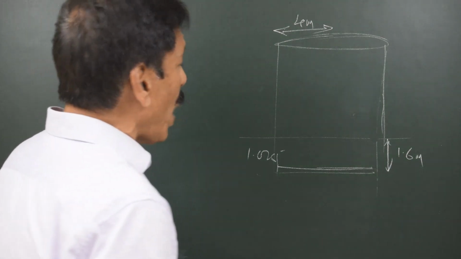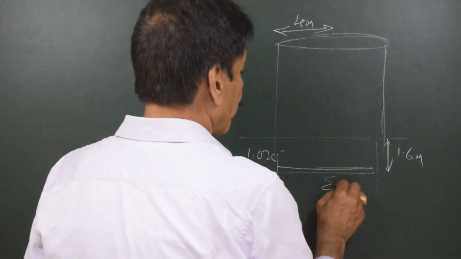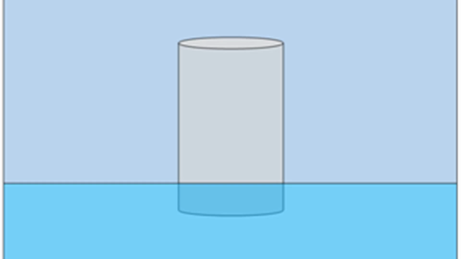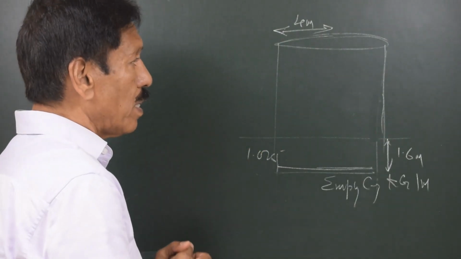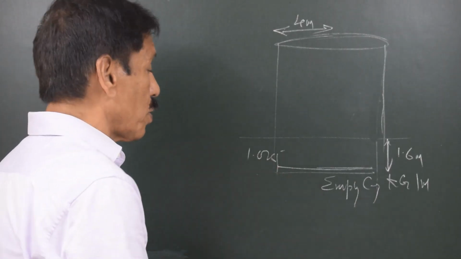And an empty cylinder has a KG of 1 meter. Now it is assumed that the thickness of the cylinder is negligible. For all practical purposes, the thickness is not there.